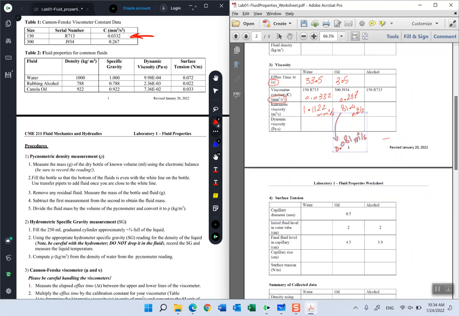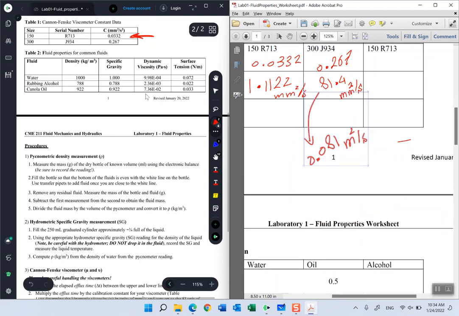And if you notice, this value is very close to the value in the table. Shouldn't it be 1.4? Yep. Yeah, I'm sorry. Thanks for finding it.